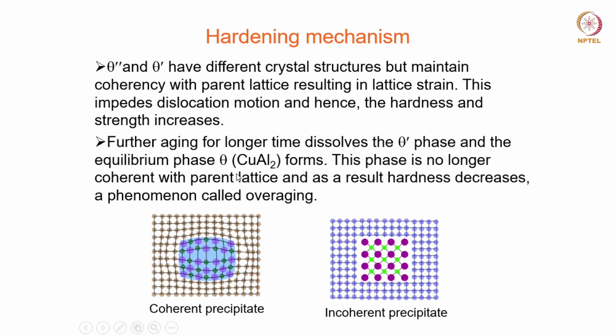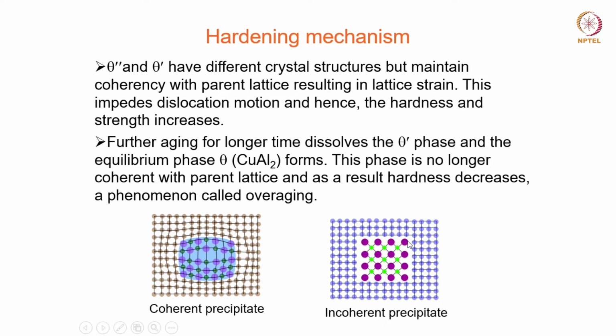But when the theta, which is the equilibrium phase, forms, then that coherency is lost. So as you could see, the theta phase is no longer trying to maintain the coherency with the matrix, and as a result of that, there is no lattice strain between the theta phase and the matrix, right?